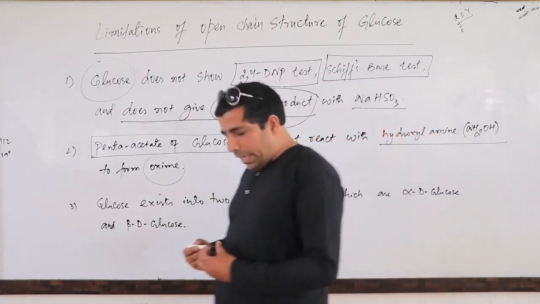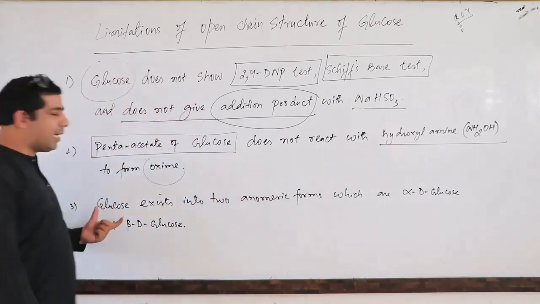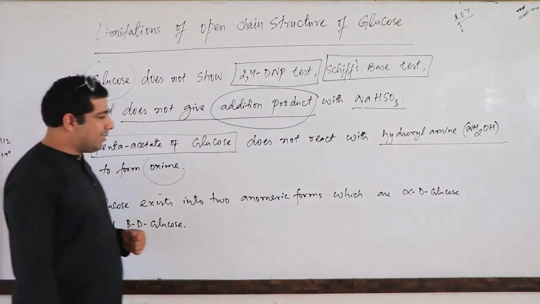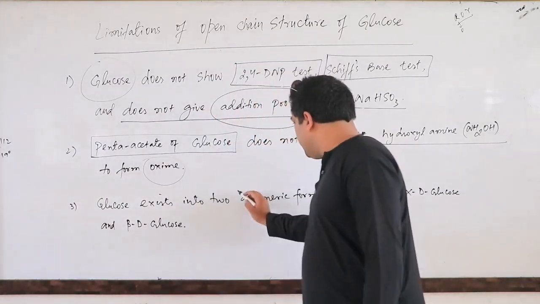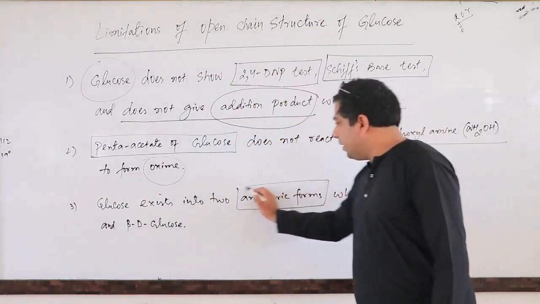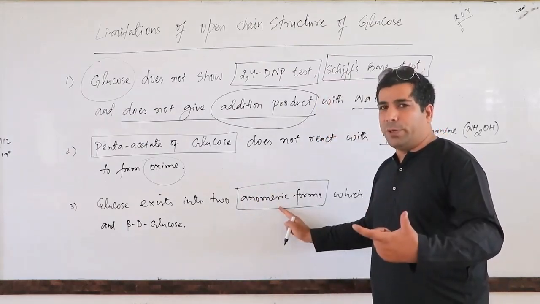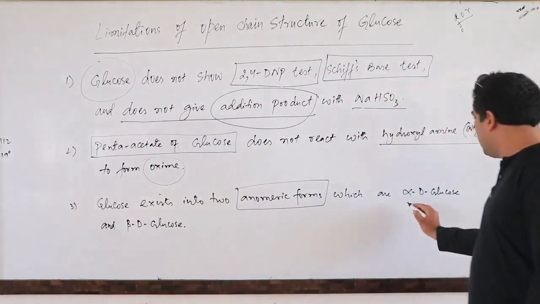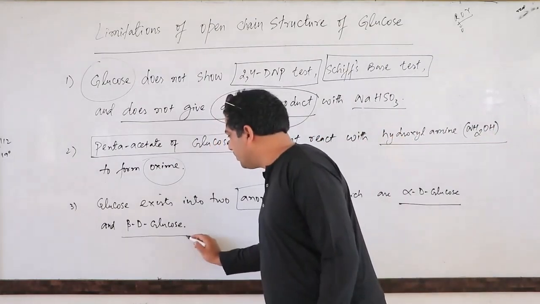I will explain these terms one by one, but let us see the last point. Glucose exists in two anomeric forms. We will discuss these anomeric forms later in this chapter. These are basically isomeric forms of glucose: alpha D glucose and beta D glucose.